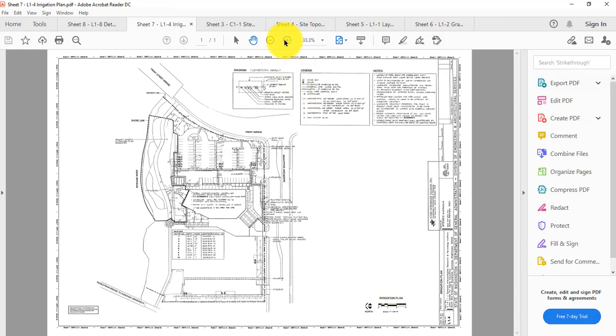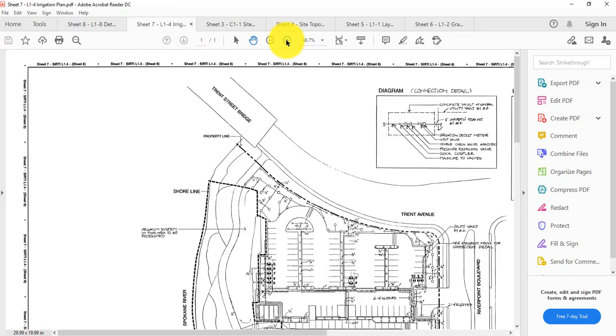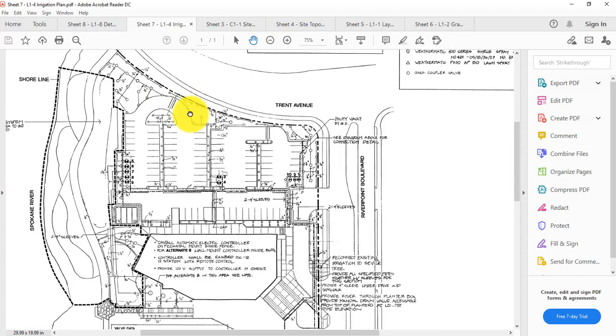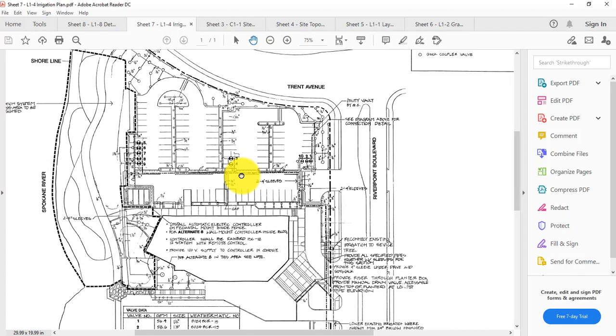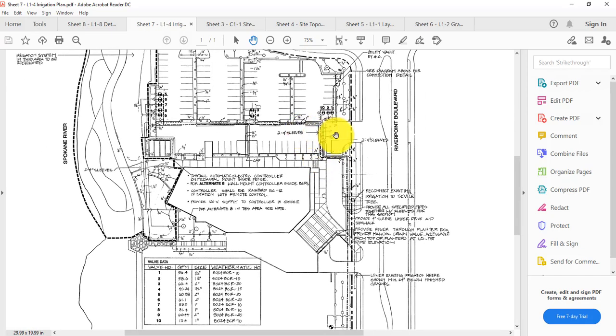Irrigation plan is showing how all of the water is coming to the site and moving around in the site to water the grass and the plants in that area. And you can see that there are sleeves where it comes through.